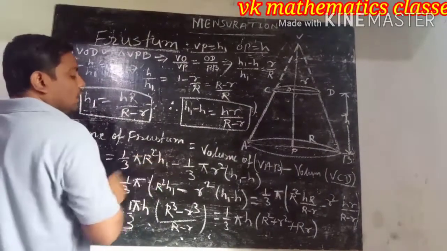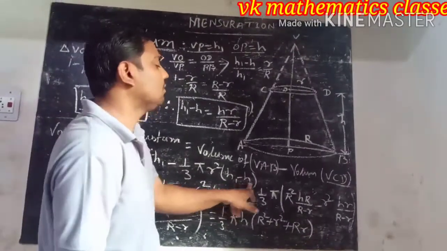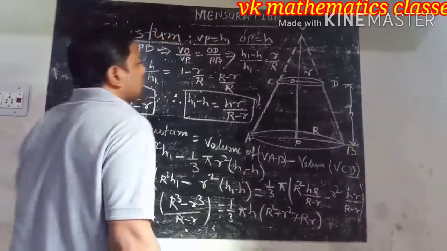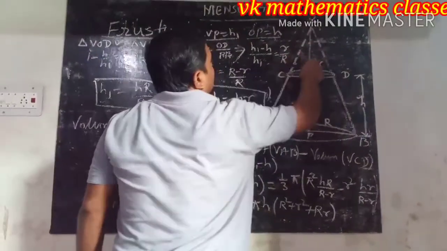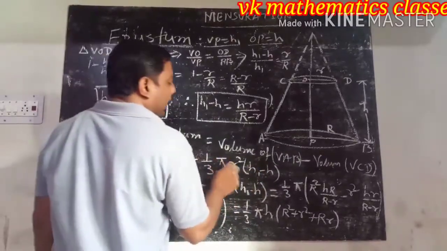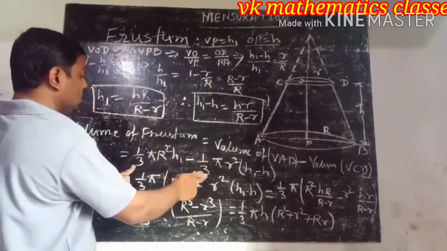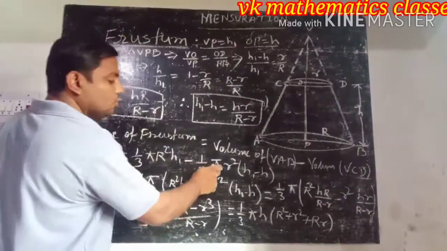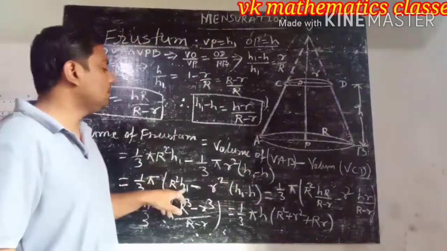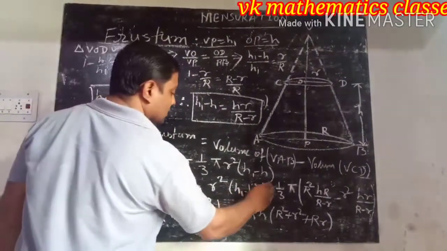So 1 by 3 pi R square H1 minus 1 by 3 pi r square, with height H1 minus H, because the volume of VCD is 1 by 3 pi r square h, here h of VCD means H1 minus H. Taking 1 by 3 pi as common, R square H1 remains here, and here r square into H1 minus H.